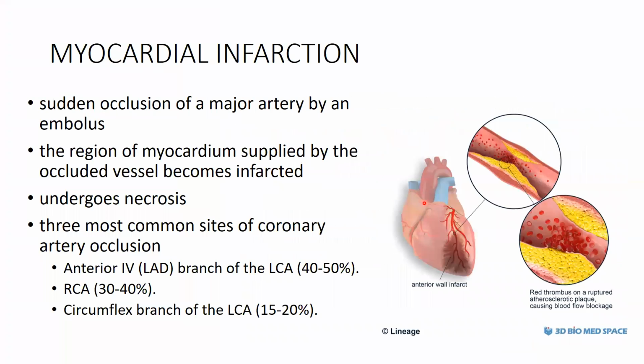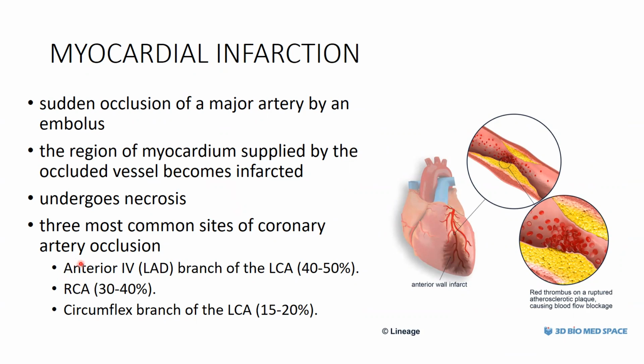Myocardial infarction is sudden occlusion of a major artery by emboli. The region of myocardium supplied by the occluded vessel becomes infarcted and then undergoes necrosis. These are the most common sites of coronary artery occlusion.